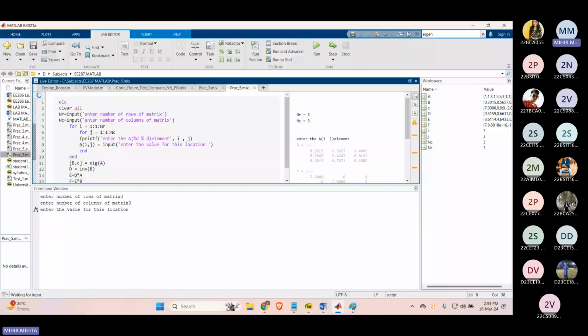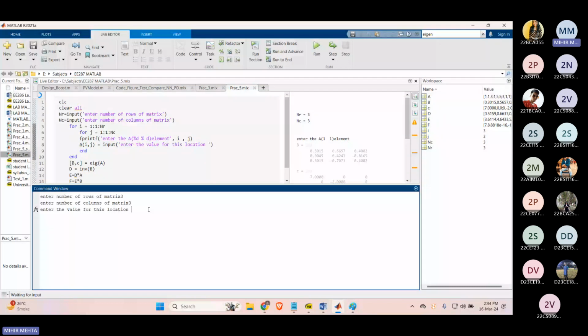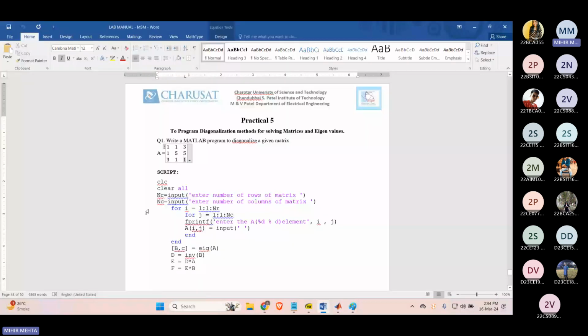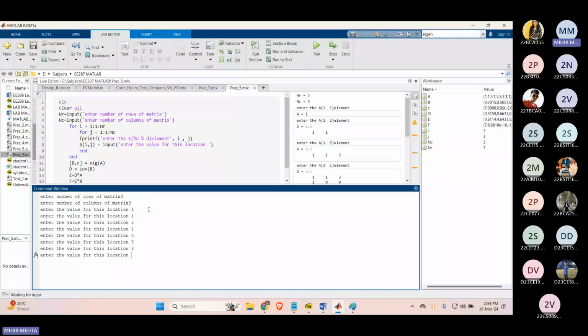Is this clear? So here again, if I enter the values, it was 1, 1, 3. Again, it would ask you for the value. So again, 1, 1, 3. Then for the next case, you have 1, 5, 5. Again, in the next case, you have 3, 1, 1. That is how your entire matrix is formed.